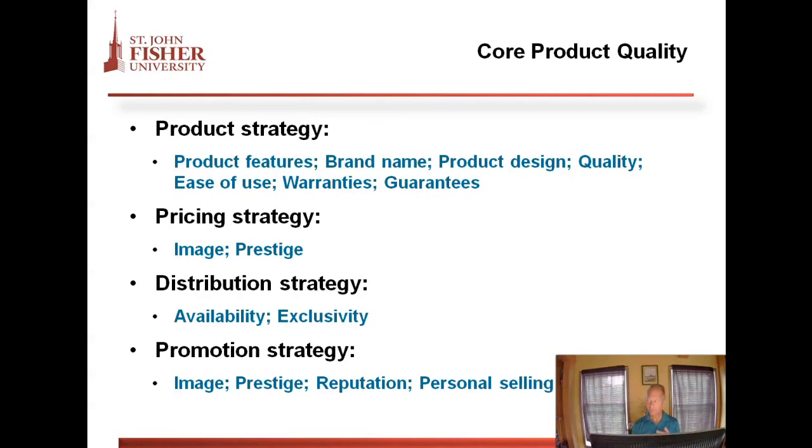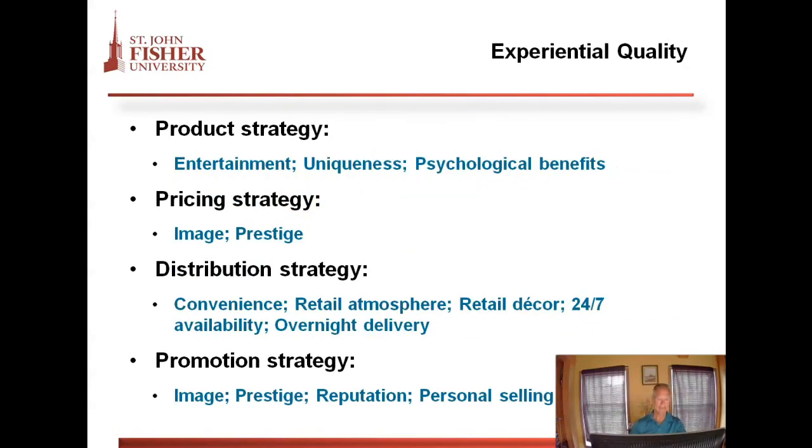Also, pricing can enhance the prestige of a product, like a Lexus versus a Chevy. And then, of course, you've got your distribution strategy. You've got mass distribution, like at a Walmart, or you've got exclusive distribution, like a Tesla or a Cadillac or a Hummer. And then, obviously, your promotional strategy goes with your brand mantra and your brand.